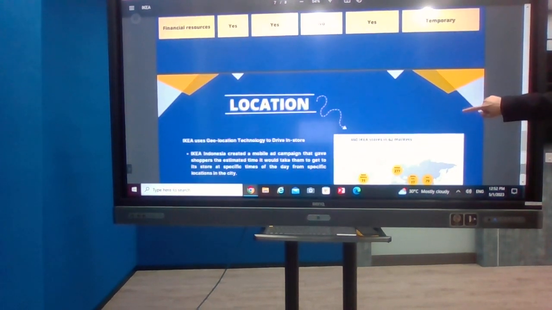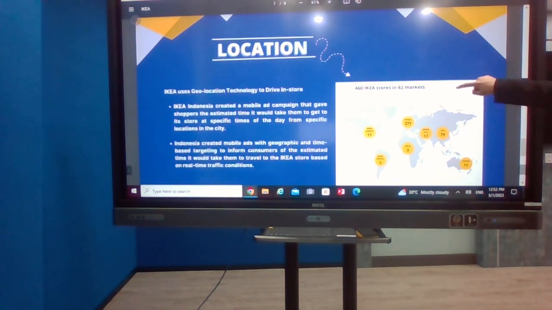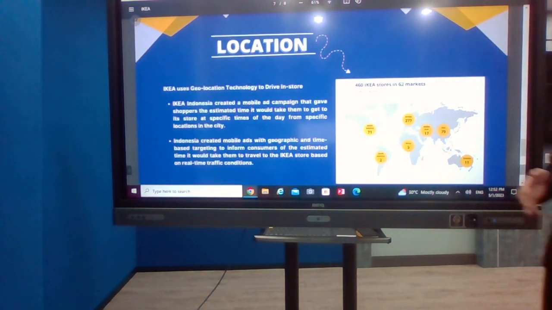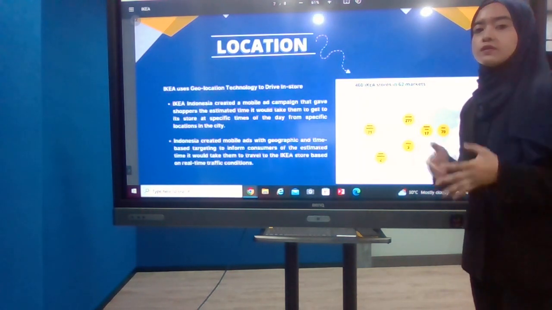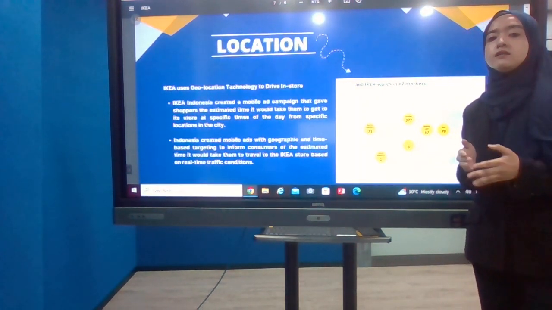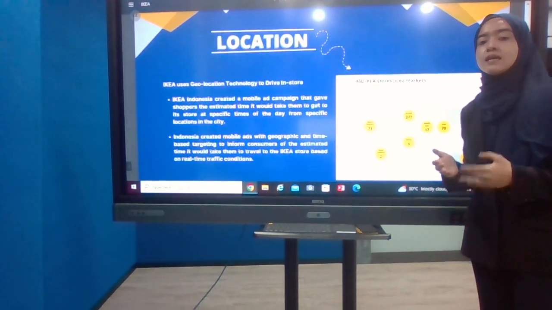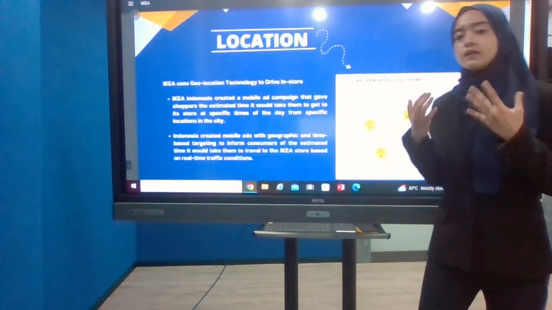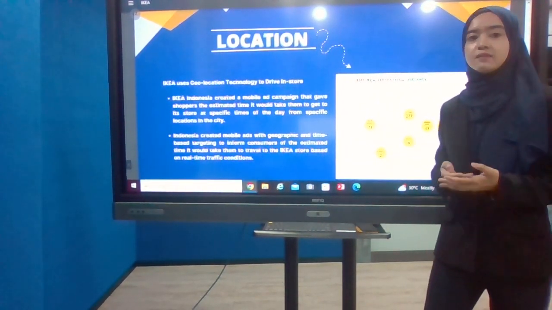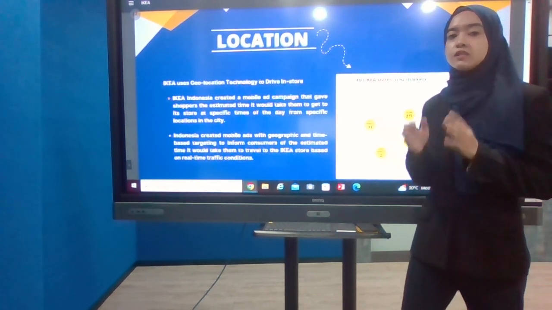Next, for the location, I would suggest the existing, which is IKEA uses geolocation technology to drive in-store footfalls. IKEA in Indonesia created a mobile app campaign that gives shoppers the estimated time it would take them to get to the store at specific times of the day from a specific location in the city, for example in Jakarta.